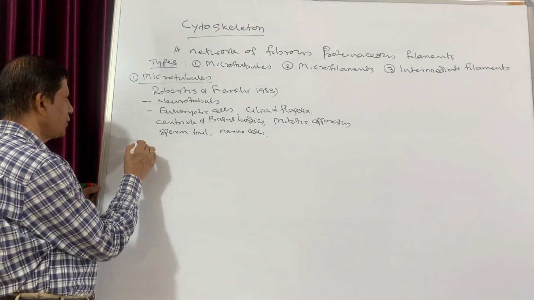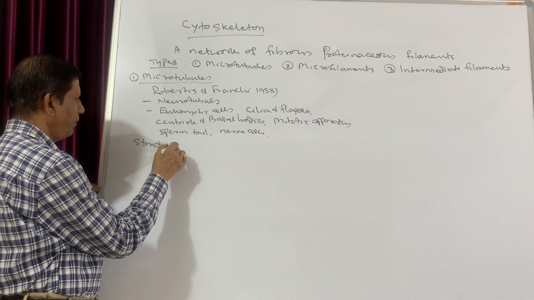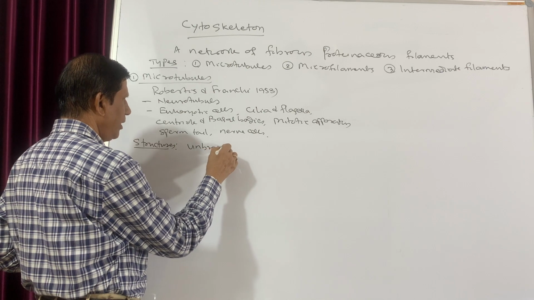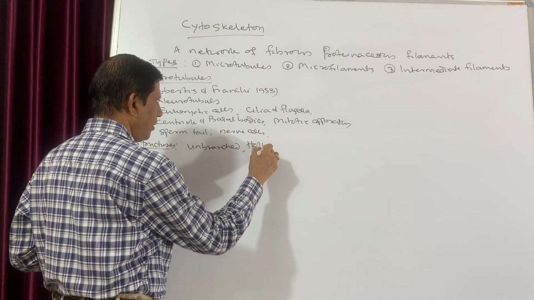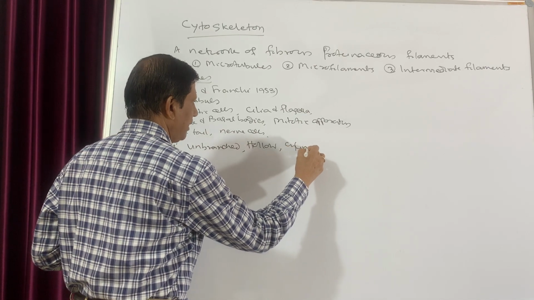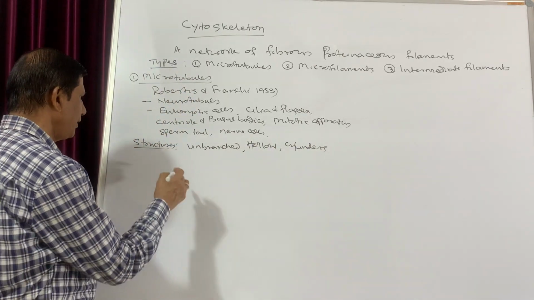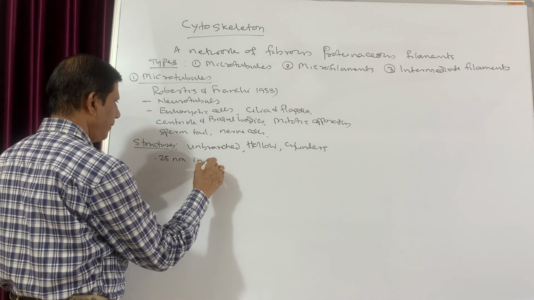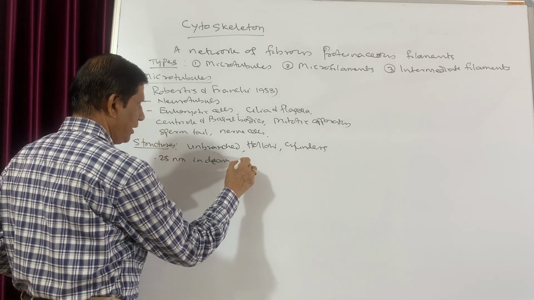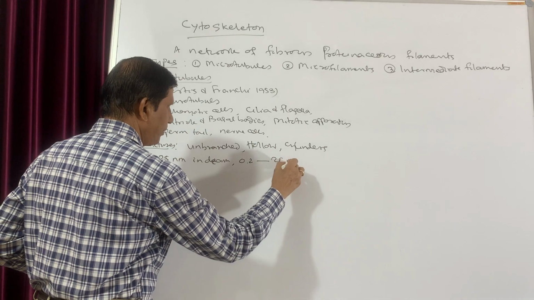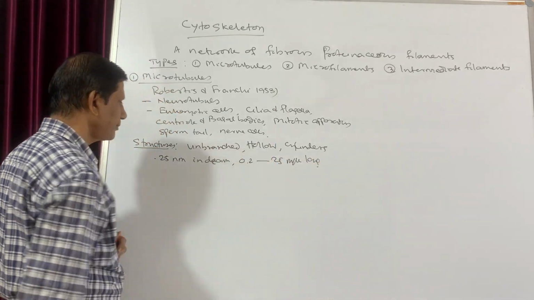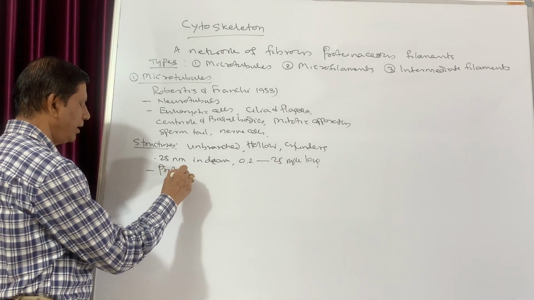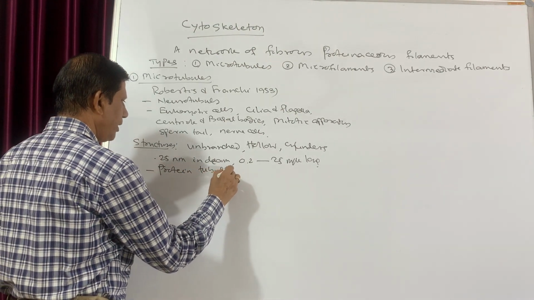Now if we come to the structure of these microtubules, usually these are unbranched, hollow cylinders, and they are usually 25 nanometer in diameter, while 0.2 to 25 micrometer long, and they are made of a protein, tubulin.